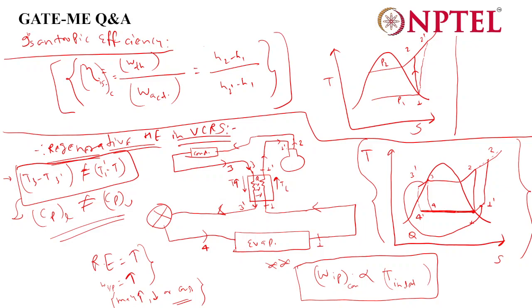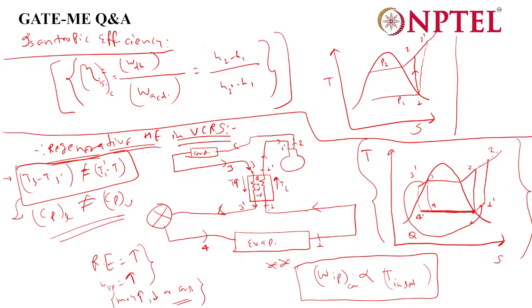So here what happened? I will repeat here again, just listen carefully, then only you can understand this and then we can solve the problem. Here the refrigerant exits from the evaporator and enters the heat exchanger.